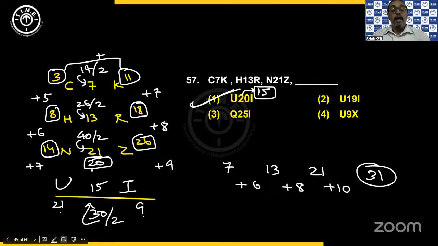When you do that, they are matching. So one of these two is the only logic in identifying the numbers given in the sequence along with alphabets. Are you understanding the point here? Okay. So here it was the first option that you get. It should have been 15, U15I.